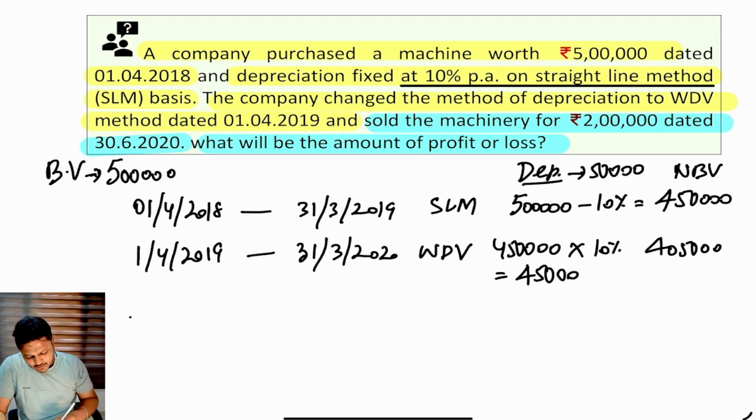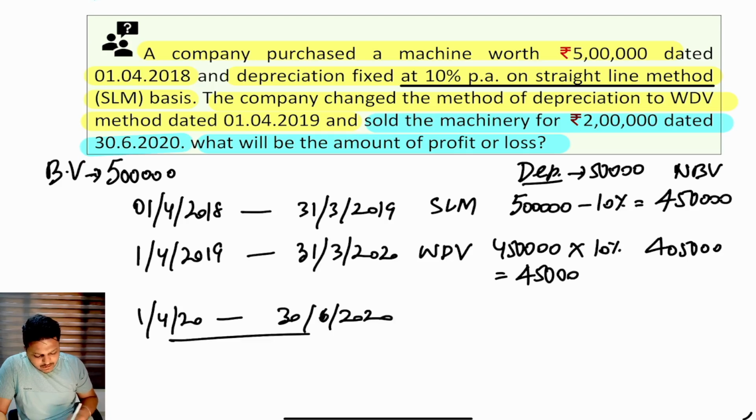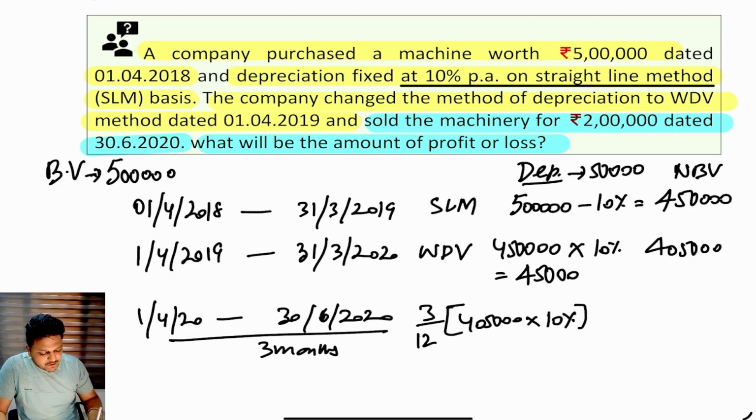Now also for the period that is 1st of April 2020 up to the 30th of June 2020, how many months were there? There were 3 months. So if we calculate the depreciation for this period, this will be equal to 3 divided by 12 multiplied by 4,05,000, multiplied by 10% because that was a reduced value.